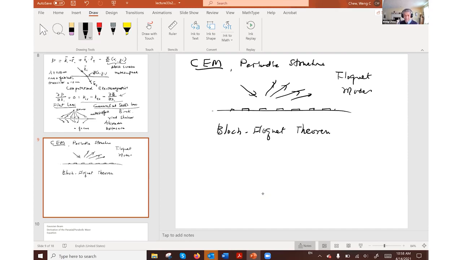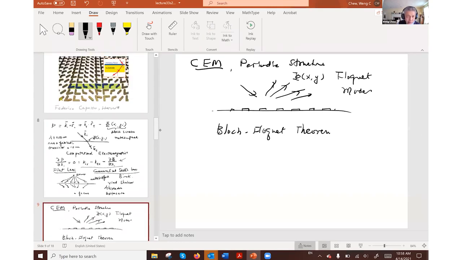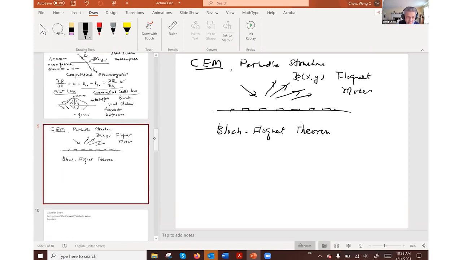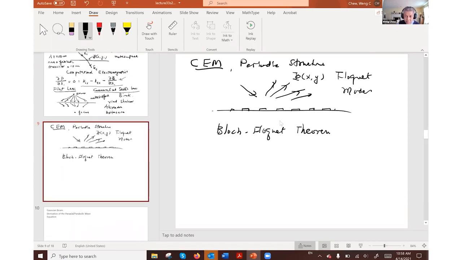And then by solving this problem using Bloch-Floquet theorem, you can ascertain the phase shift as a function of x and y. That is, if I were to arrange these structures in a specific manner, what should the phase shift be? I can obtain the phase shift by solving this problem using computational electromagnetics, and then you can use some commercial software to solve this problem.